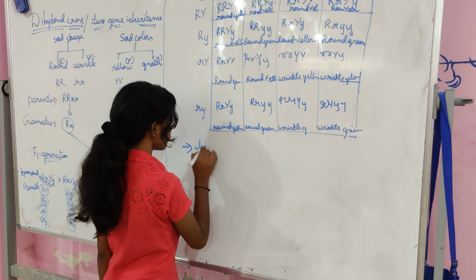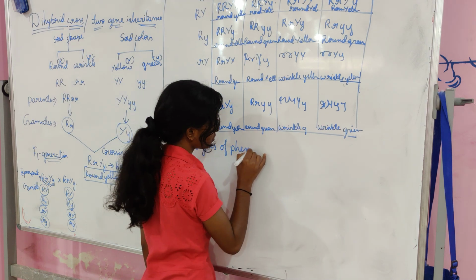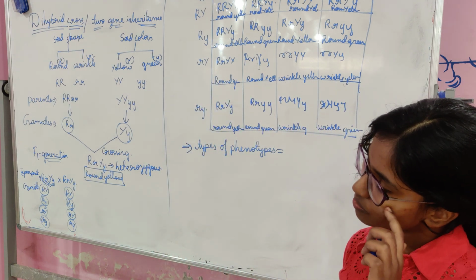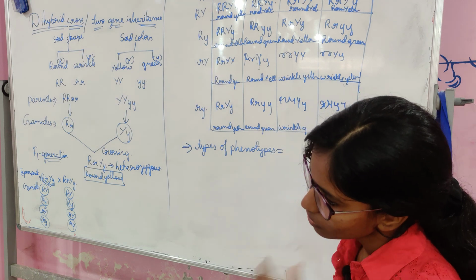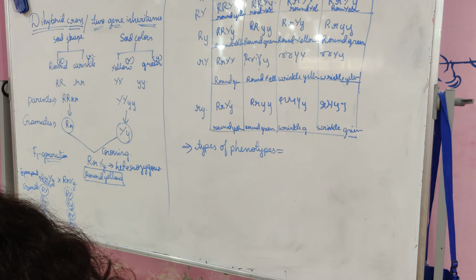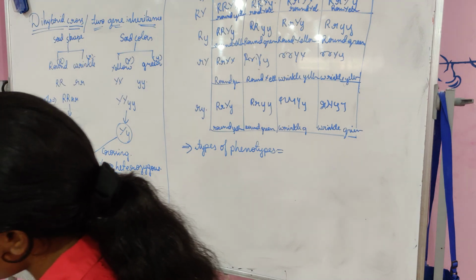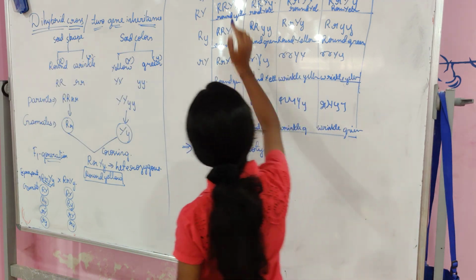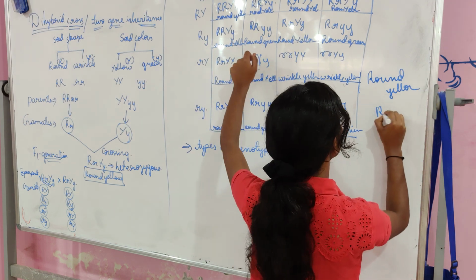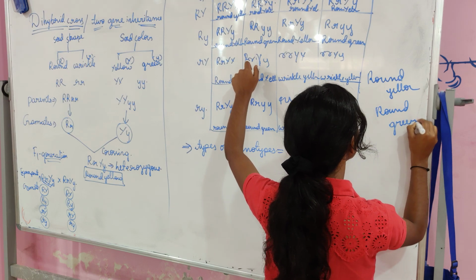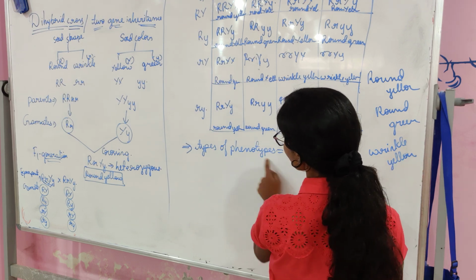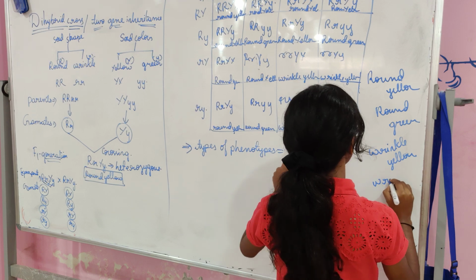So here, how many types of phenotypes are there? See, one is round yellow, round green, then wrinkled yellow, and then wrinkled green.